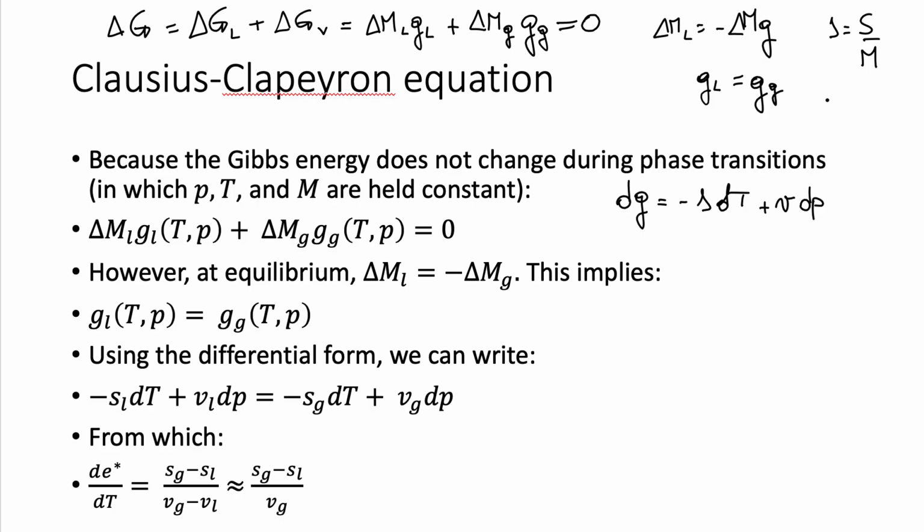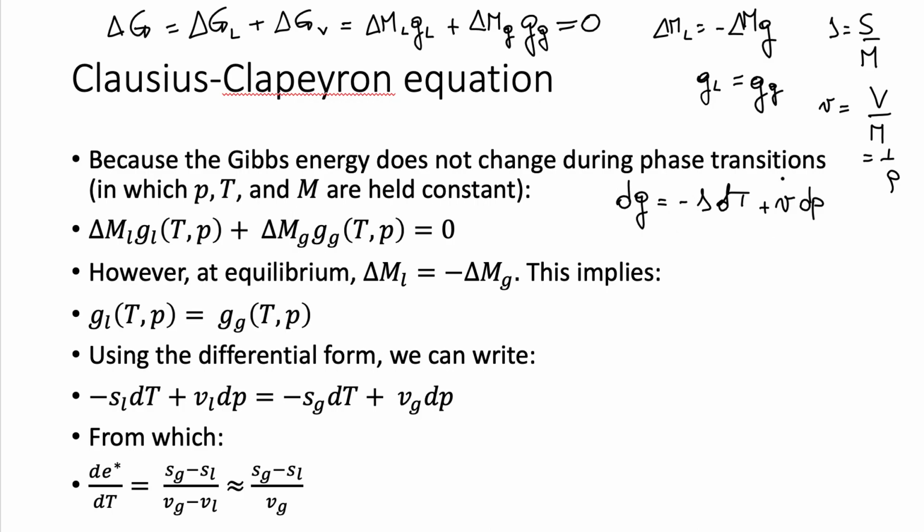Well, given a volume of something, we can define a quantity called specific volume as the volume divided by the mass. Does this ratio look familiar? Of course, this is 1 over rho, 1 over the density. So specific volume is just the inverse of the density.